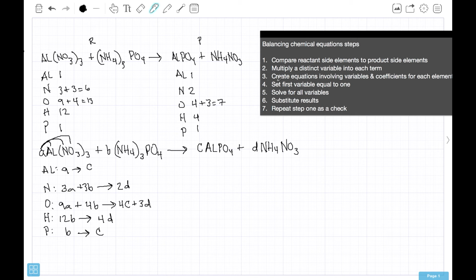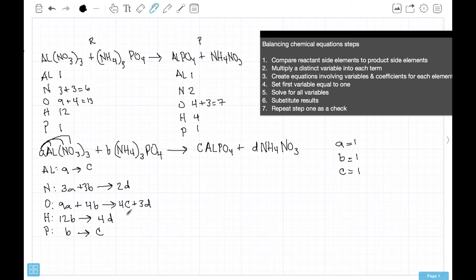Okay, so the next step says set first variable equal to 1. First variable is A, so we're going to say A equals 1. But as you can see, A equals C, and B equals C. So that means everything equals 1.